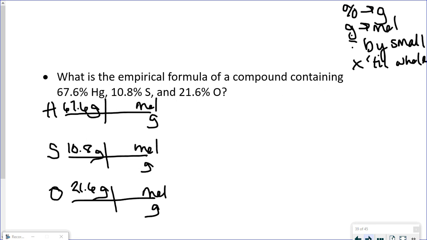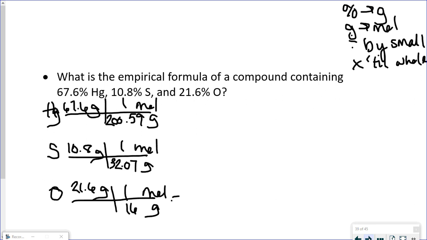So for mercury, or hydrogen instead of mercury, mercury's molar mass is 200.59. And that's per 1 mole. Sulfur's molar mass is 32.07 grams per mole, and oxygen is 16 grams per mole.